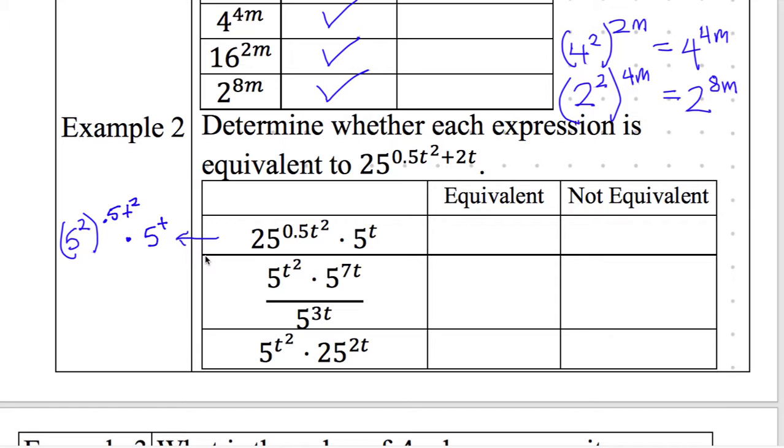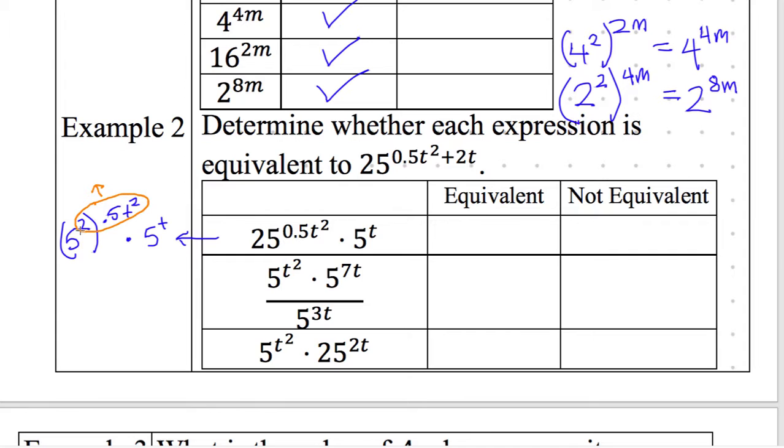Now I'm going to use another property. Now that I do have the same base, I need to somehow get all of this as one expression, one number. I guess it's technically a term. How do I combine 2 and 0.5t squared? What do those two turn into? Gio's saying multiply. What do they multiply to, Gio?